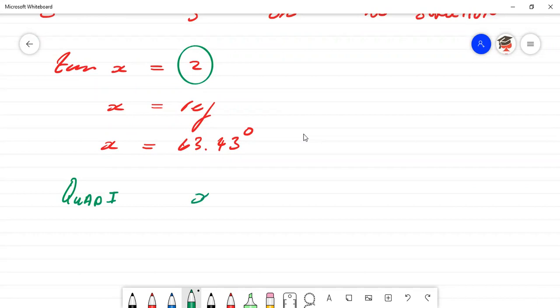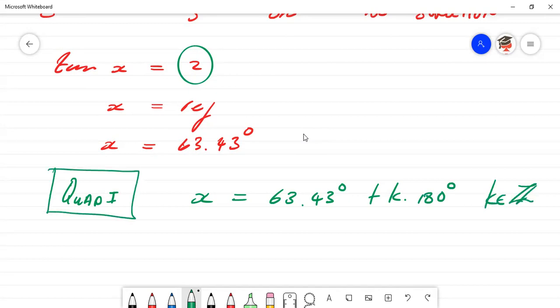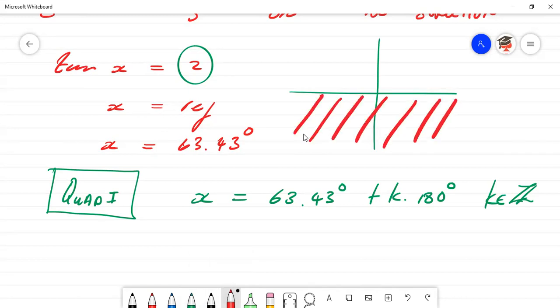So this then means that x is going to be equal to 63.43 degrees plus k times 180 degrees, where k is an element of the integers. The reason why you only work with one quadrant is because tan does not go over 180, which tells you that every other quadrant is null and void. So you can only work with quadrant 1 or quadrant 2 when it's positive and when it's negative. That's it.